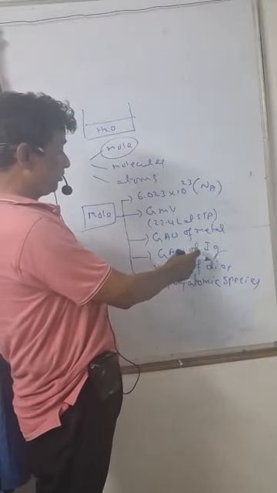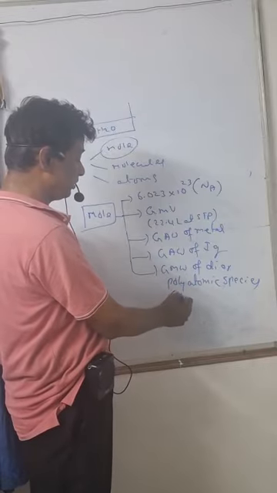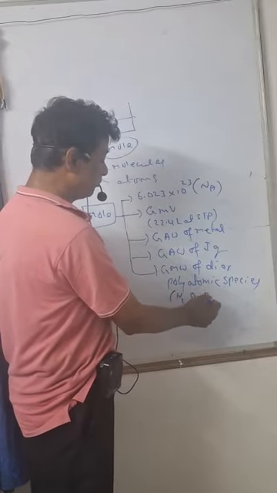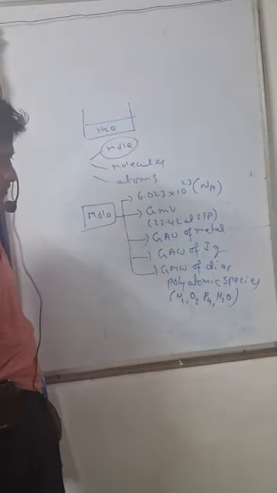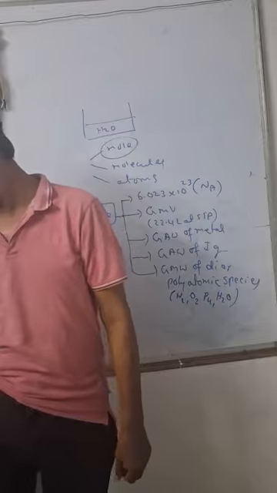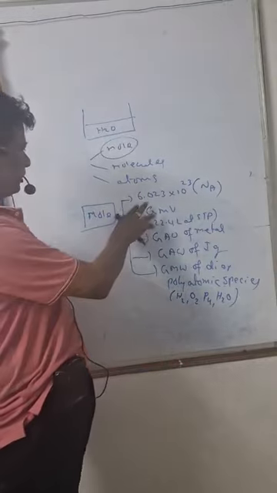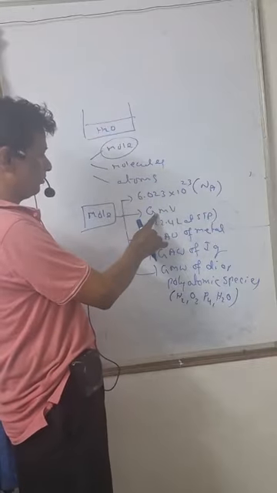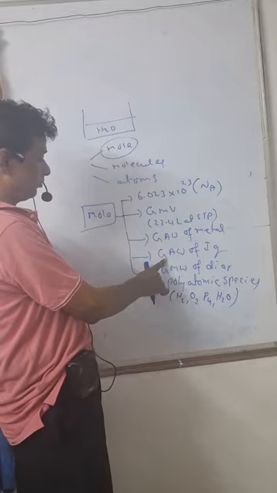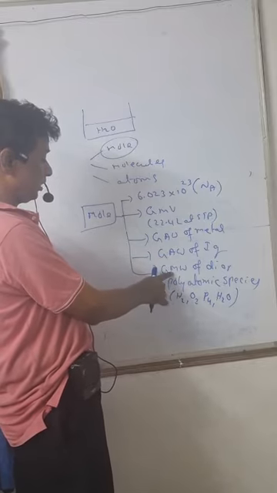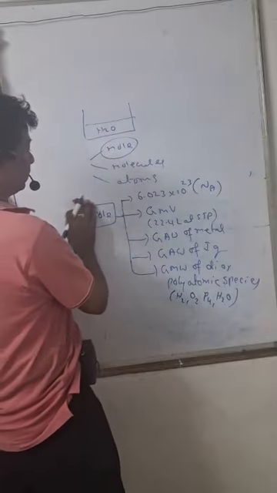Gram atomic mass of inert gases, gram molar mass of di or polyatomic substances like H2, O3, P4, H2O, etc. Mole means just equal to Avogadro number, gram molar volume, gram atomic mass, gram atomic mass of inert gas, gram molar mass of di or polyatomic substance.